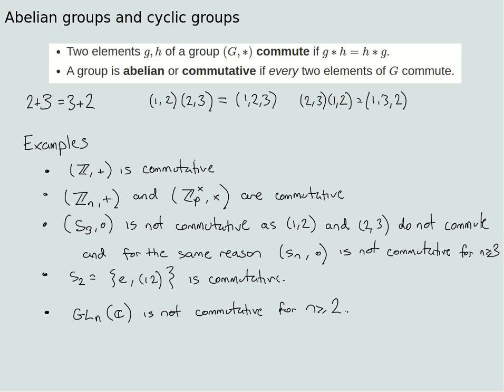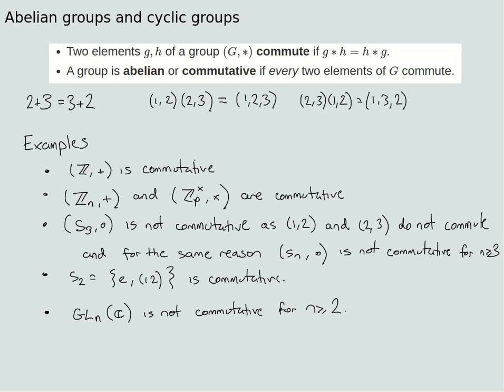If you take any two n by n matrices for n greater than or equal to 2, then the chances are those matrices don't commute with one another. And so it's easy to produce a counterexample showing that this group is not commutative.